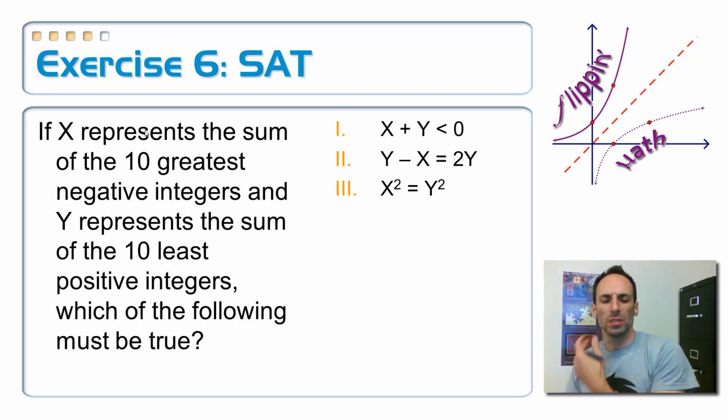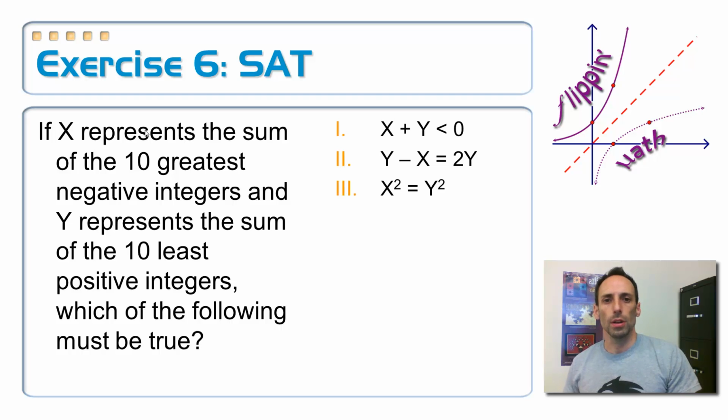I try to, as much as I can, throw in an SAT question every once in a while, so this is an actual one. If x represents the sum of the 10 greatest negative integers and y represents the sum of the least positive integers, which of the following must be true? First of all, this is a great example of a kind of SAT question where you're going, what?